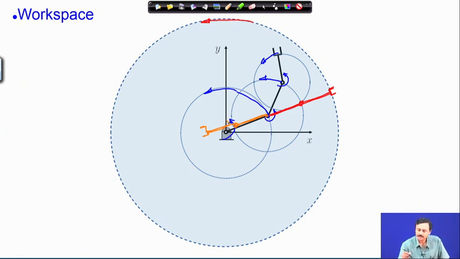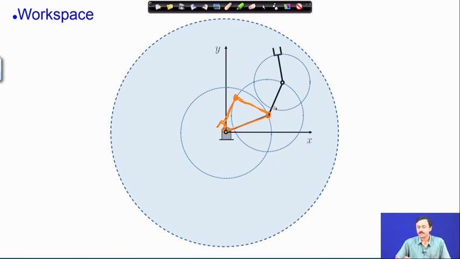I can reach points like this. So, I can cover the complete space within the outer circle.